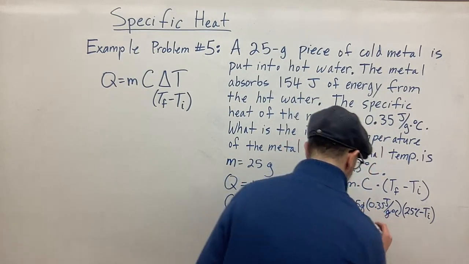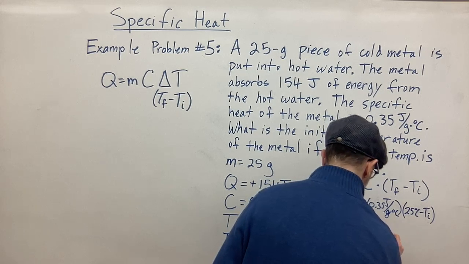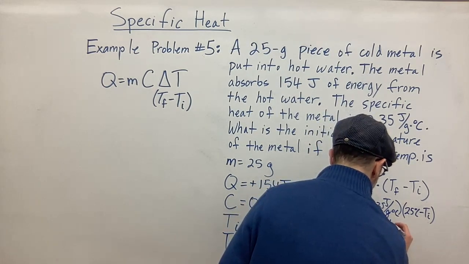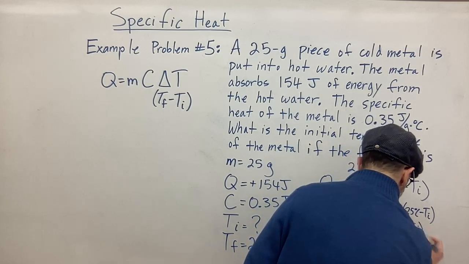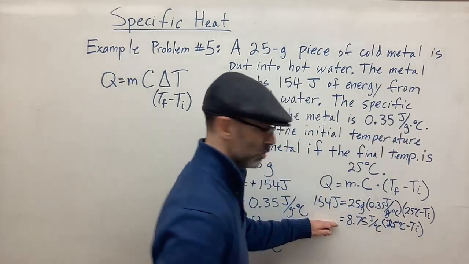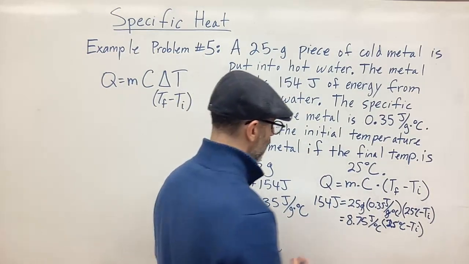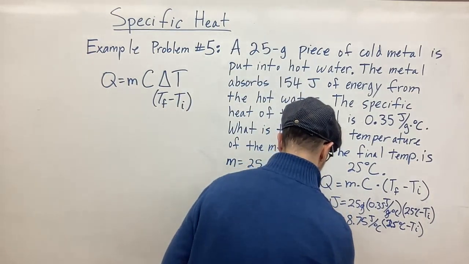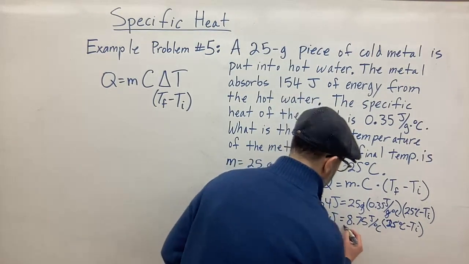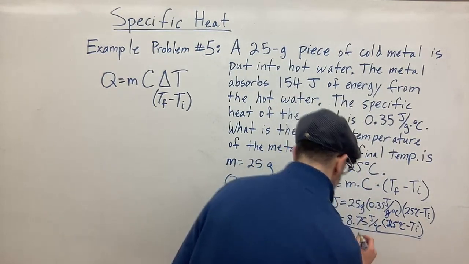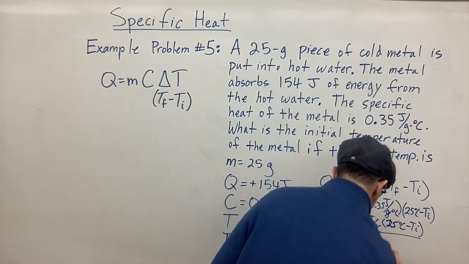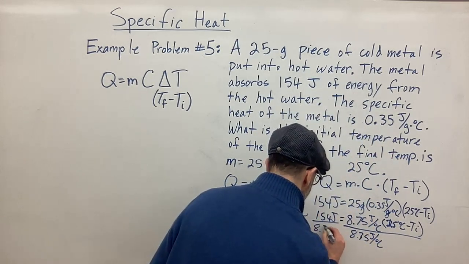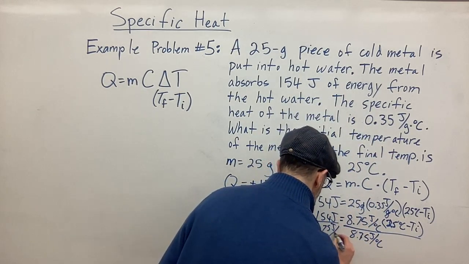The grams are going to cancel out, so this is joules over degrees Celsius multiplied by 25 degrees Celsius minus T initial, which is equal to 154 joules. Then we can divide both sides by 8.75 joules per degree Celsius.